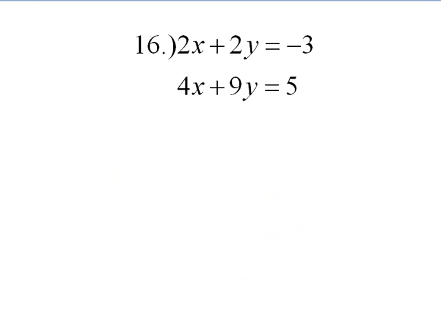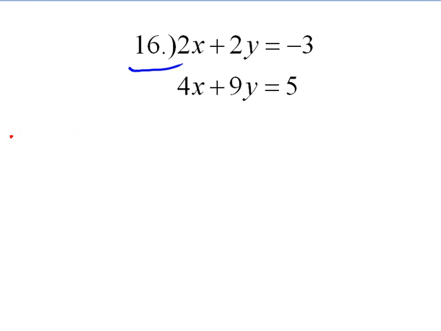Okay, number 16. Now, this is not as easy because we don't have an x equals or y equals. We've got a difficult equation to start with that we must make into an x equals or a y equals. We need to solve for one of the variables. Alright, let's take this one.